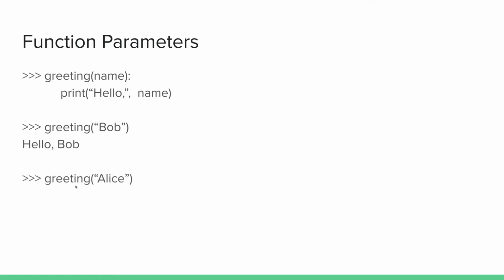And calling it again with Alice, this time it's going to say hello, Alice. So please note that since this function requires name as a parameter, calling a function with no arguments will result in error. So let's see this in the editor.